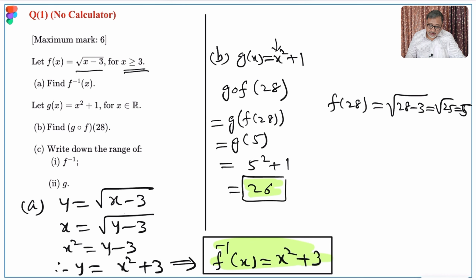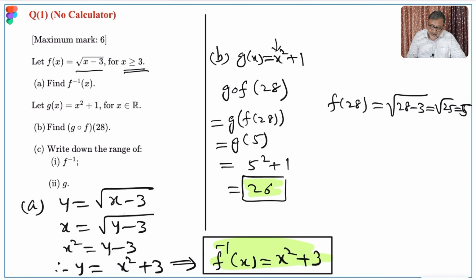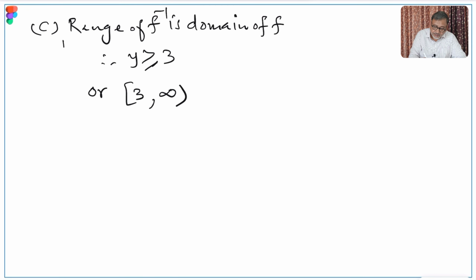So x greater than or equal to 3 becomes y greater than or equal to 3. It will become the range, right? Or we can also write it from 3 to infinity, right?